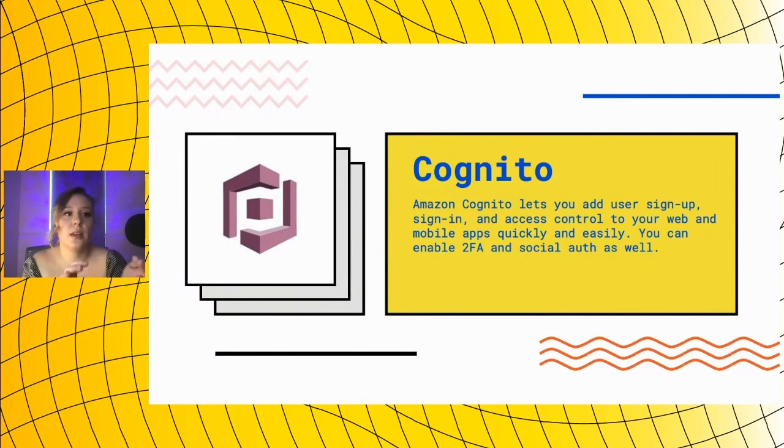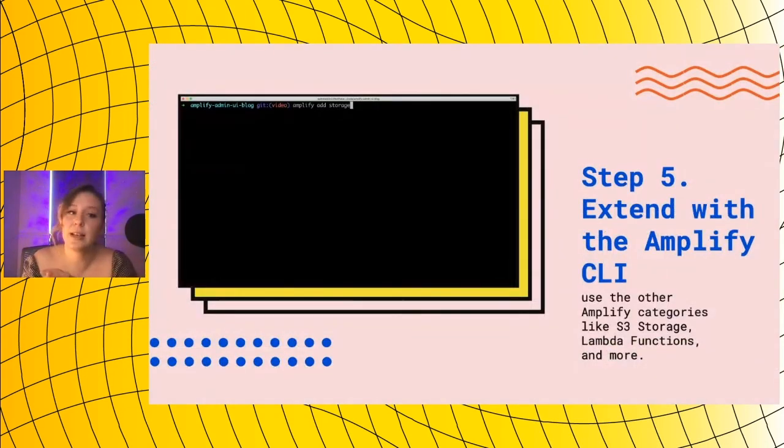So this is using Amazon Cognito, which has sign in, sign up, and access control for your applications. And it's using the Amplify UI React components, which I also demoed there. The other really nice thing is that Amplify has a bunch of other services.